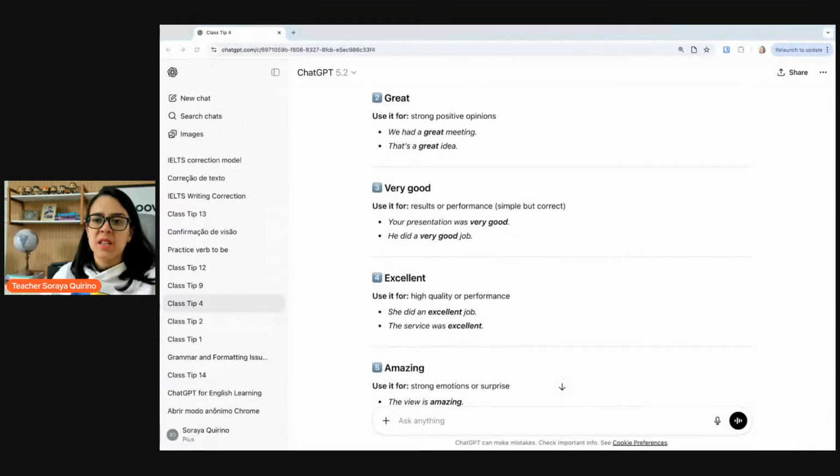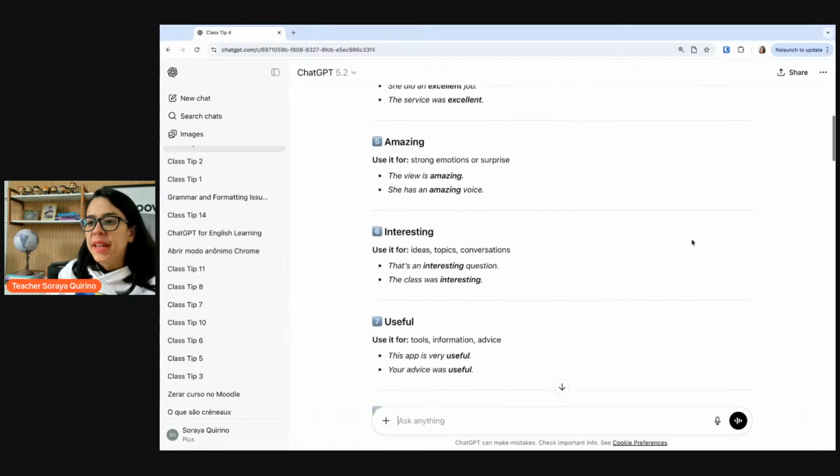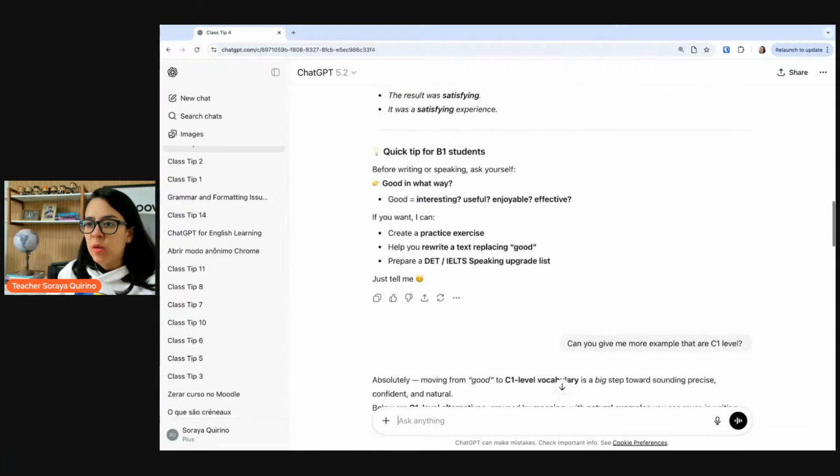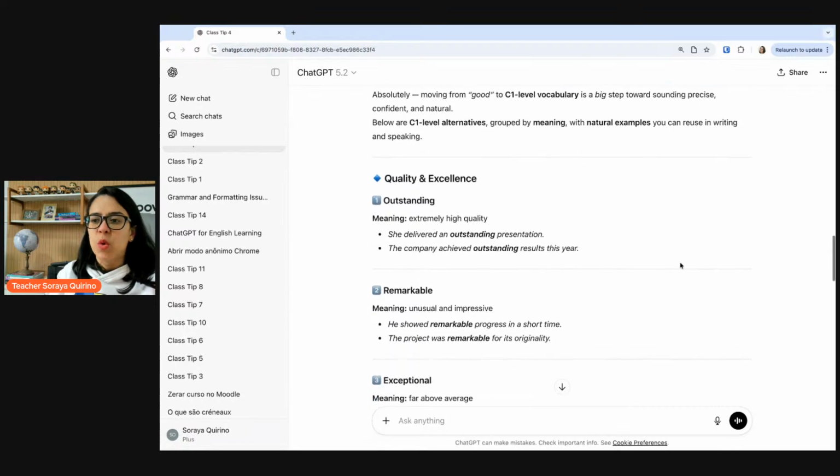So you can ask it: I don't like words 1, 2, and 3. They're too basic. Please come up with other words and it will do the work for you. Okay. And if it doesn't give you an example, ask for an example. It is very important. And what else? Can you give me more examples that are C1 level? So I asked ChatGPT to improve the level of words.